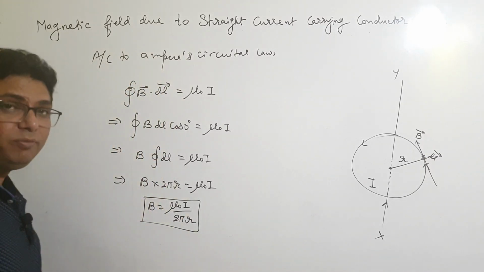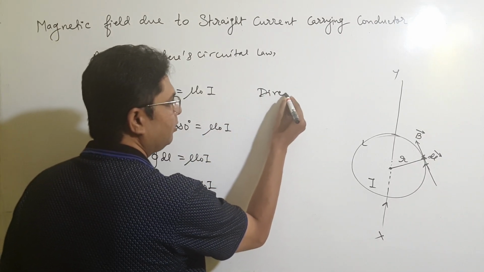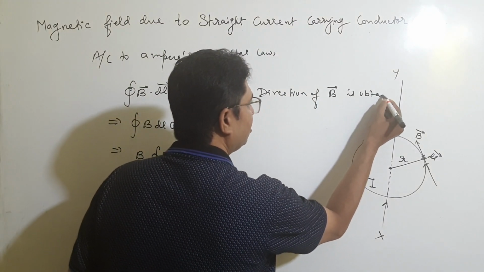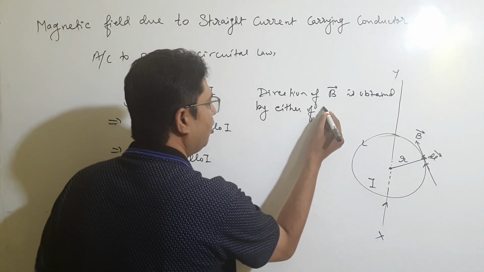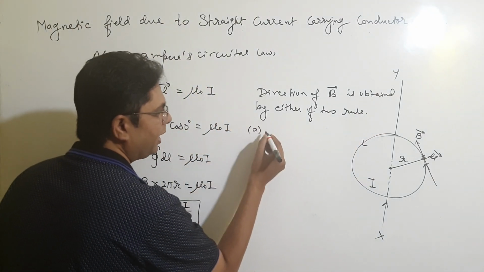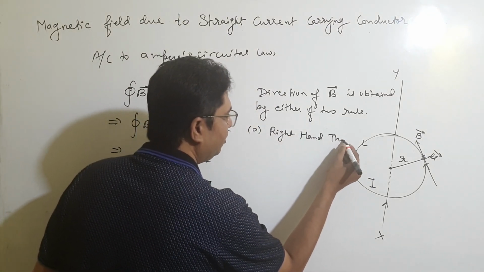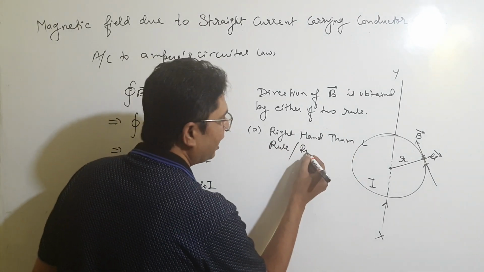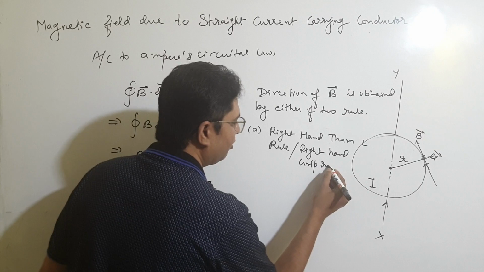Now the direction of magnetic field can be obtained by two rules. The direction of magnetic field is obtained by either of two rules, and the rules are: number one, known as the right hand thumb rule, which can also be known as the right hand grip rule.